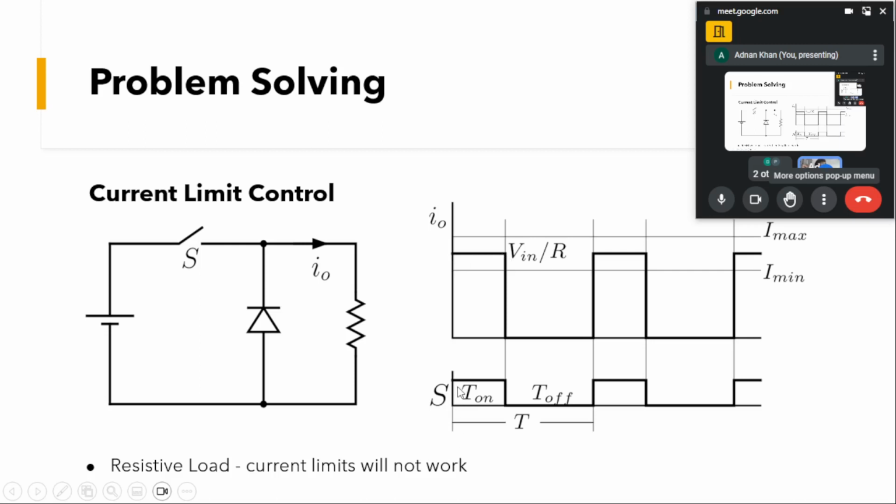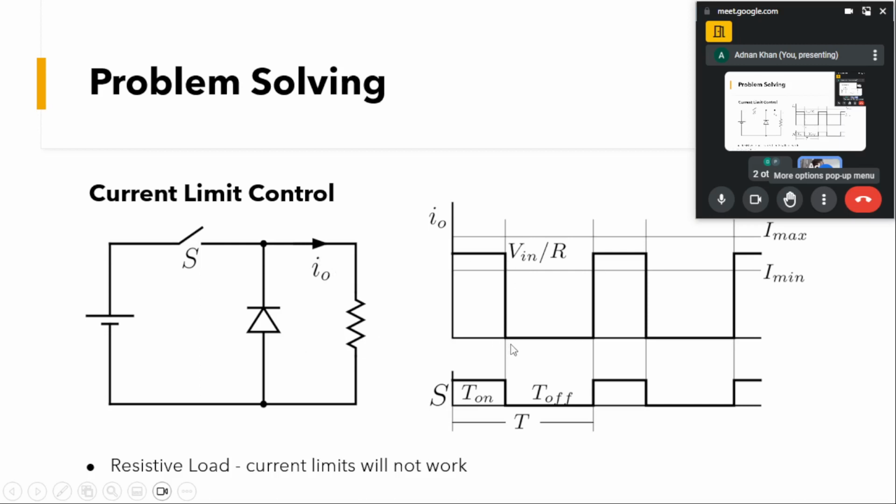Here I have shown that if we turn on the switch after a certain amount of time, after a time dTs, then the voltage at the output will be 0, and the current will also be 0, because we don't have any inductance, so the current will go to the peak value and come to 0.